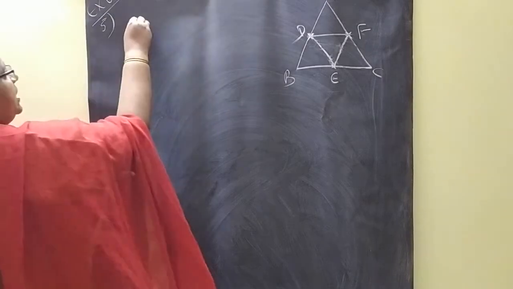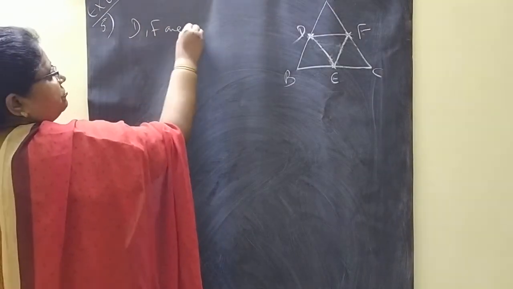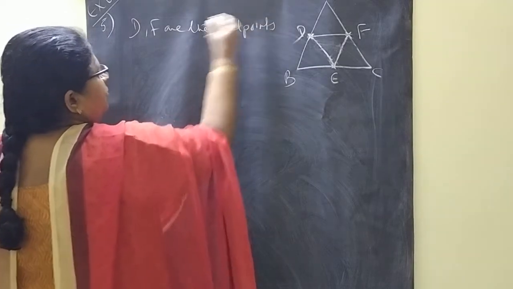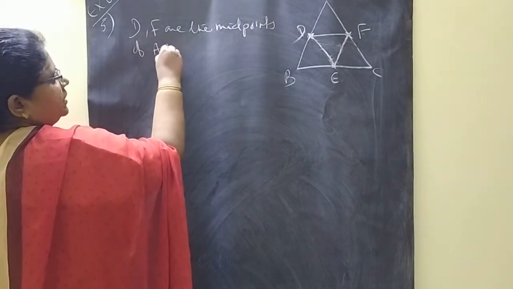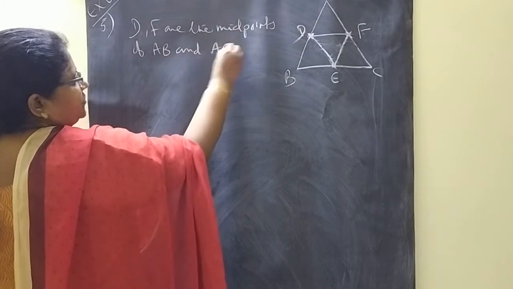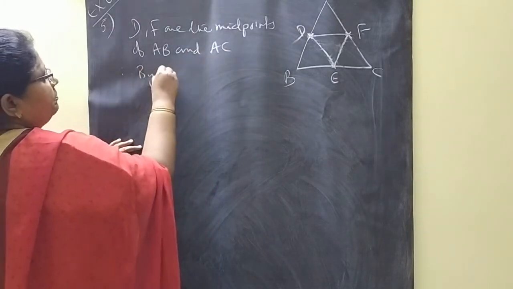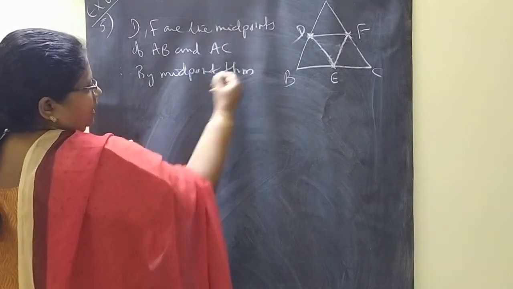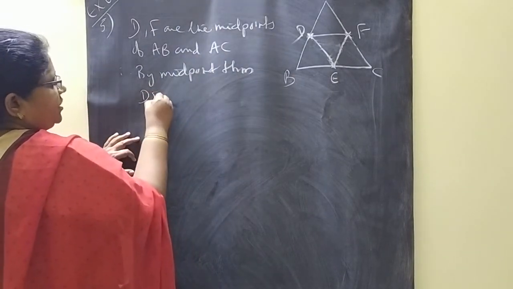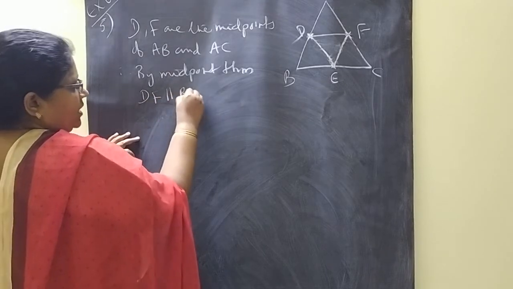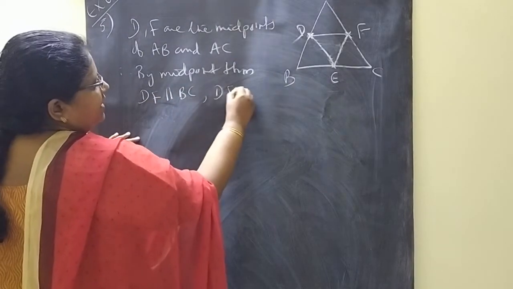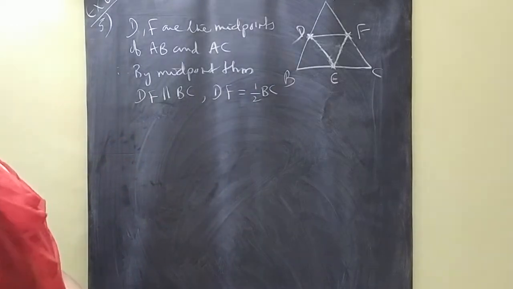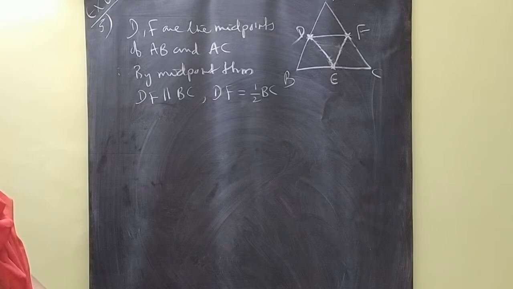D and F are the midpoints of AB and AC. Therefore, by the midpoint theorem, DF is parallel to BC and DF is equal to half BC.